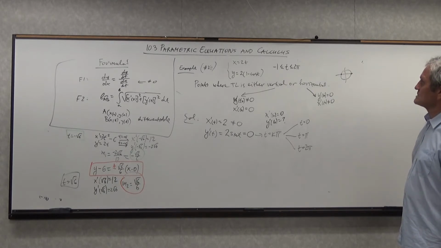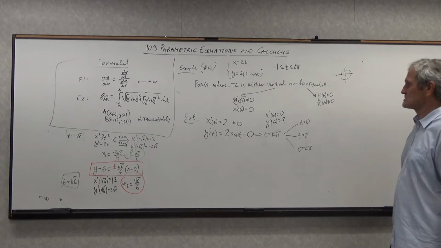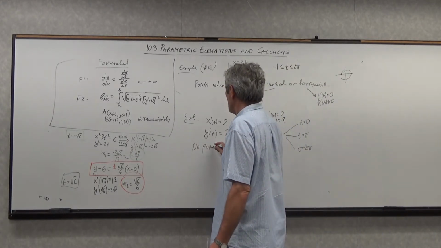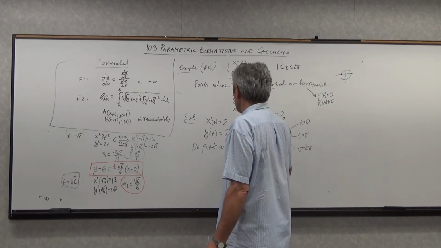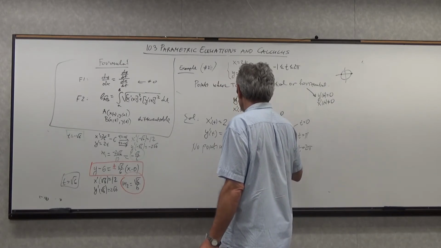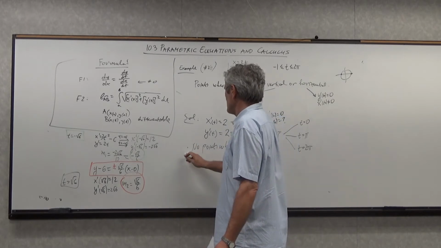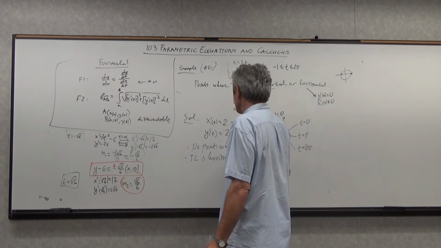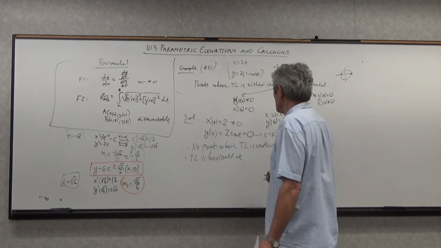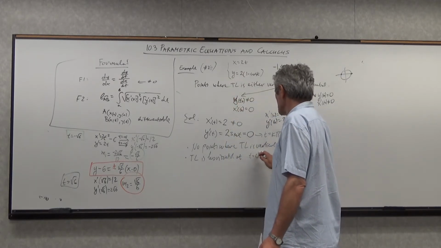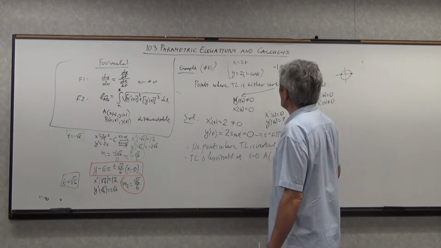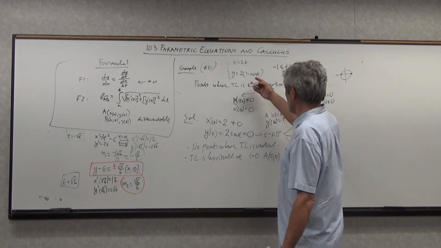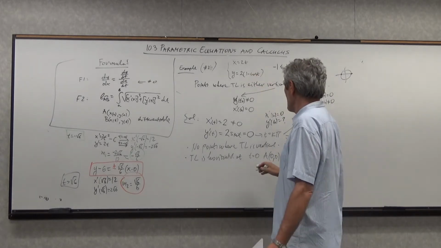So here it is. There are no points where the tangent line is vertical. And the tangent line is horizontal at t equals 0, which gives us point A, which is (0, 0), because 1 minus cosine 0 is 0.